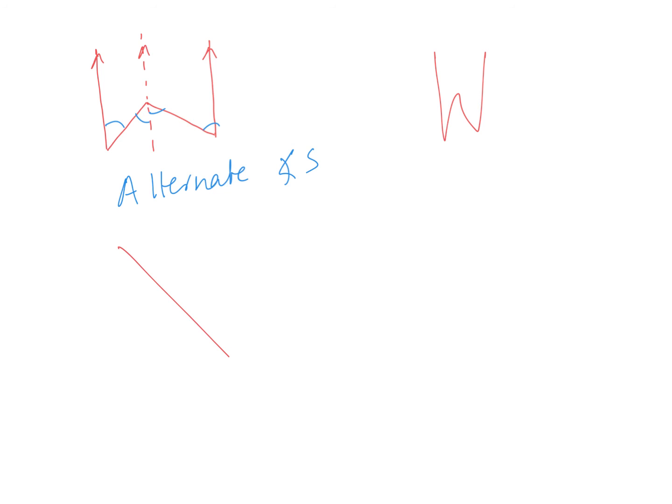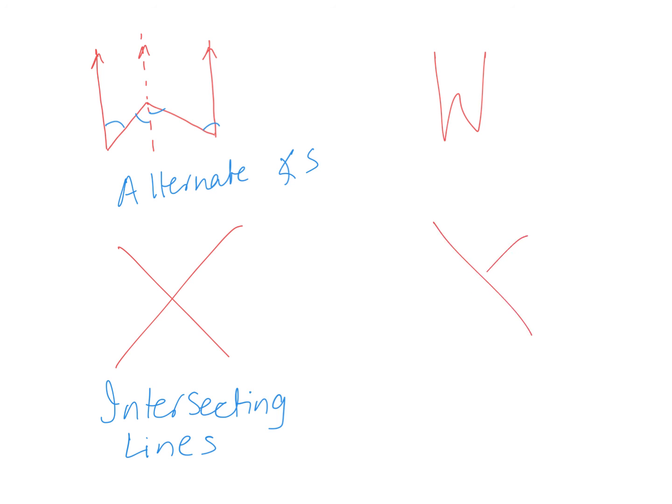And then you've got intersecting lines, which gives you your X. And then you've got your Y, like a V, and a line drawn through it. So these are angles at a point, angles at a point, add to 360.